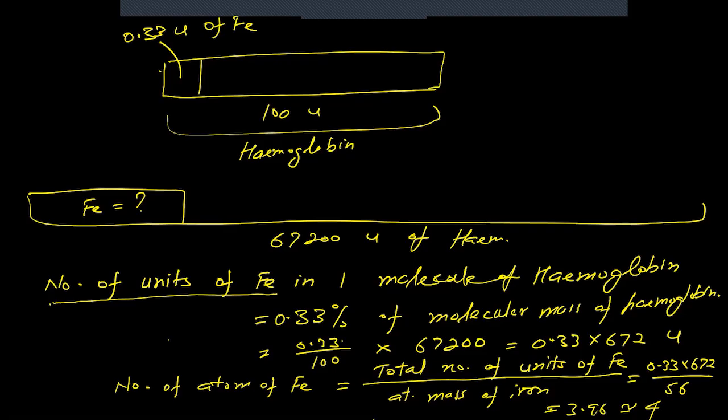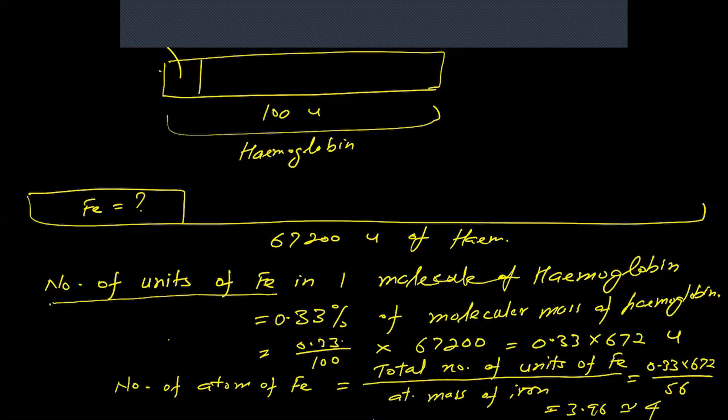Clear? Any step not clear, let me know. You need to be very clear that here calculations are in terms of units. In one atom of iron, there will be units equal to its atomic mass. So one iron atom will have 56 units. So if we know total units, we can divide that by 56 to get the number of iron atoms.